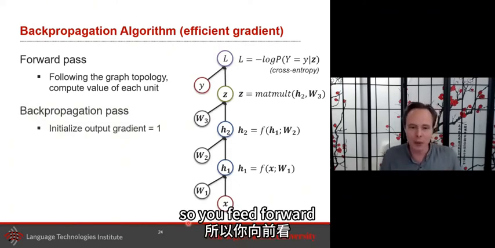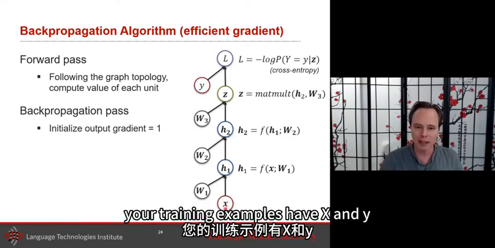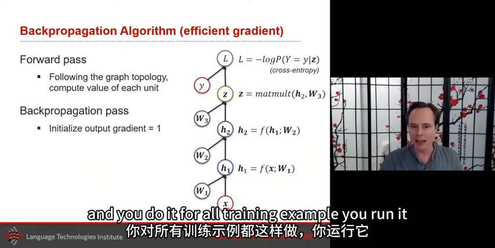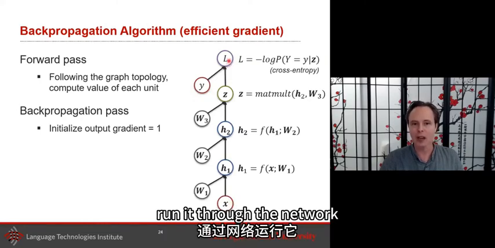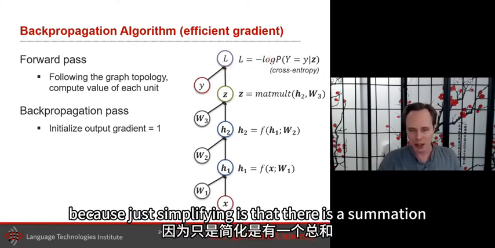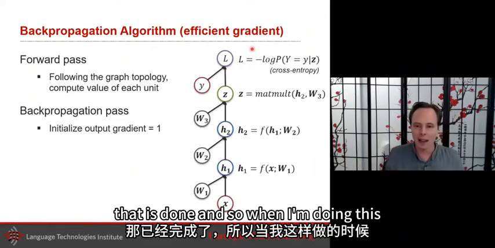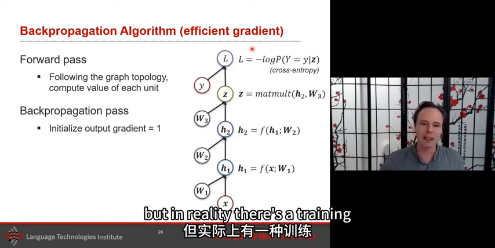So you feed forward. What it means is that you take your training example. Your training examples have X and Y, and you do it for all training examples. You run each training example with X and Y through the network. That also will give you a loss. What I didn't put here, just for simplifying, is that there's a summation over all the training examples. So when I'm doing this, I'm doing it as if there was only one X and one Y, but in reality, there's the whole training set.